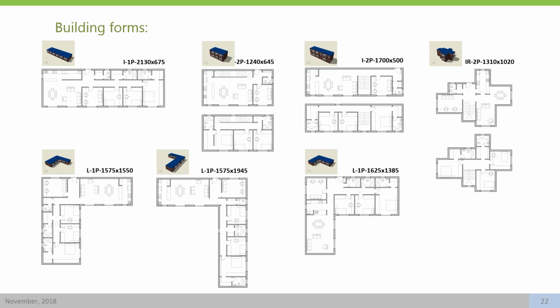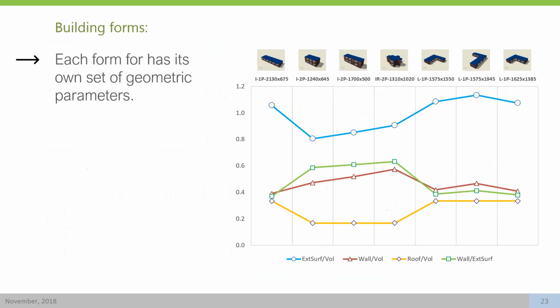The 3D model developed in DesignBuilder included the internal distribution of common dwelling spaces, as you can see in the images. Obviously, each form has its own set of geometric parameters, which impact energy and environmental performance. The graph shows the values of 4 of these parameters.